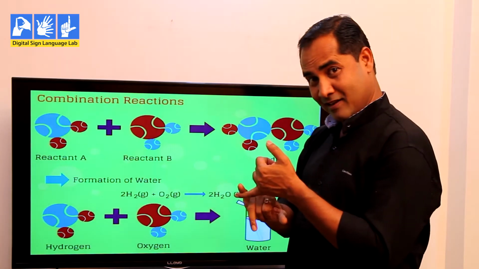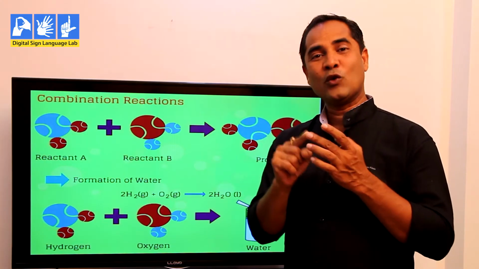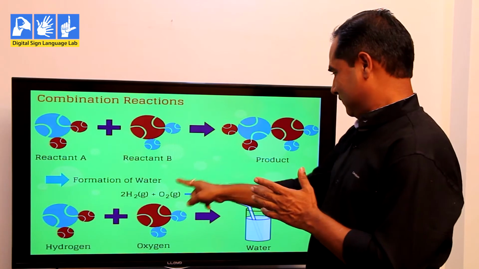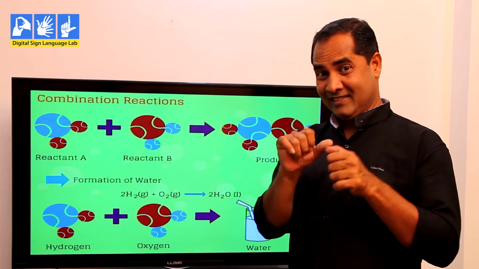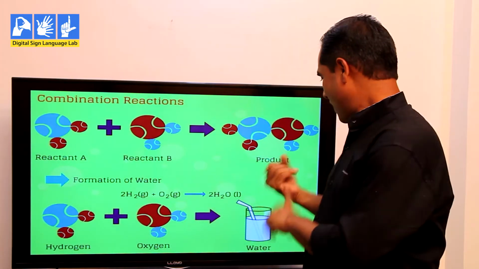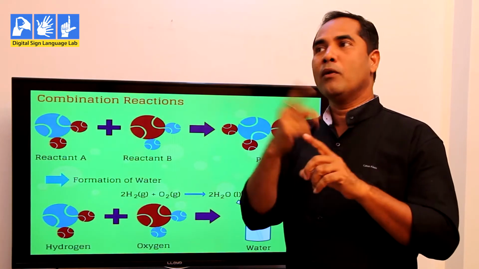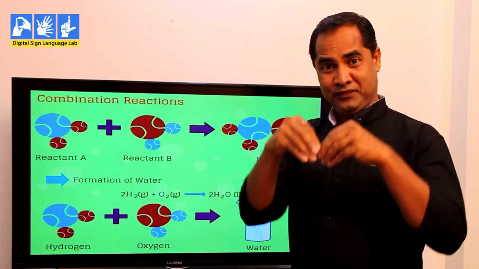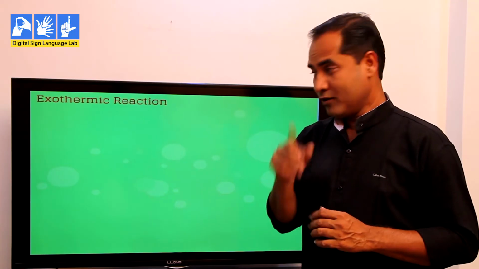So two gases combine to form the liquid, which is water. Again, you can see in the picture, hydrogen and oxygen combine to make water. Two gases combine to form water. That's the combination reaction.